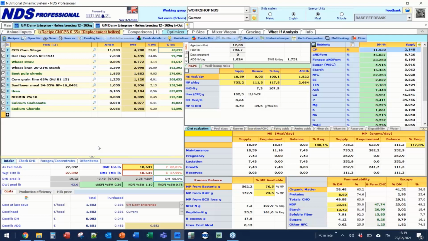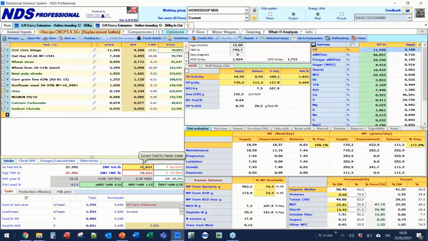And I know that Dave is gonna show you a couple of examples in the real North American conditions, just to discuss some issues that we have when evaluating the heifer diet. So this is the diet we are feeding.